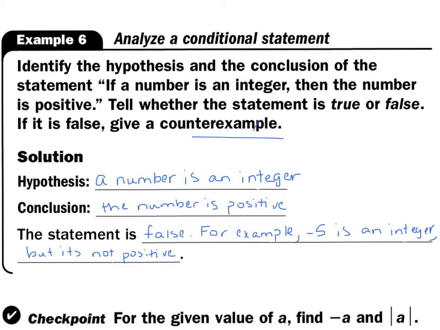You're telling the hypothesis and conclusion of a conditional statement, but you're giving an example of when it's not true. If it's always true, then you would just say it's true.